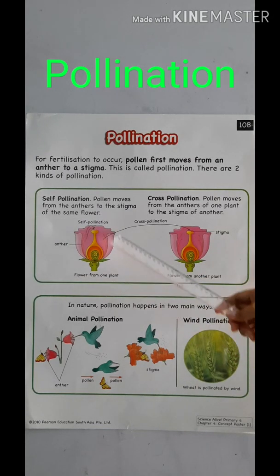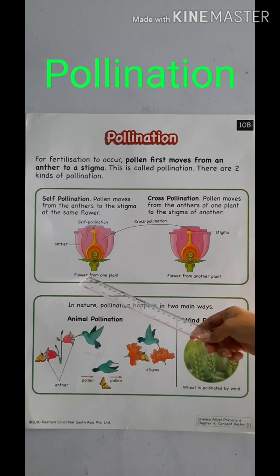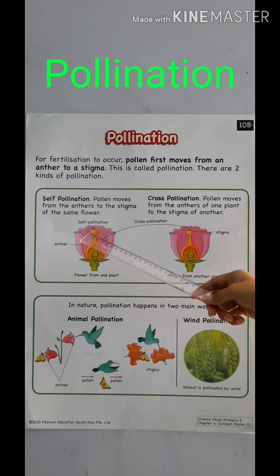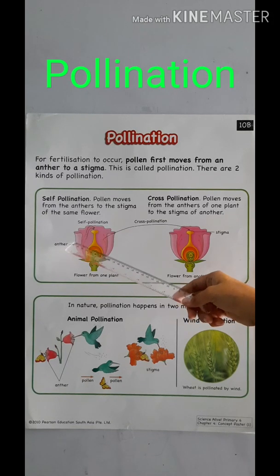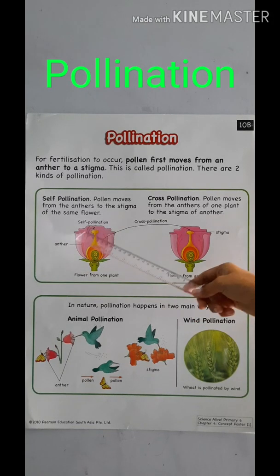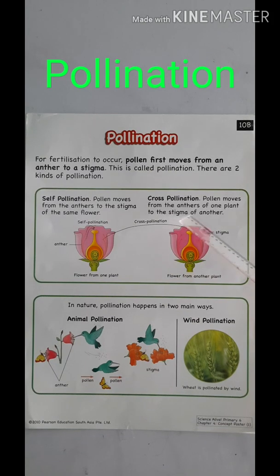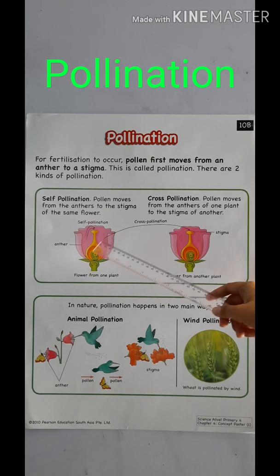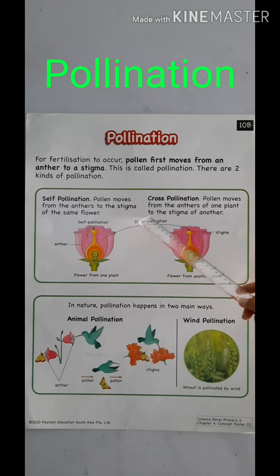One, self-pollination: pollen moves from the anther to the stigma of the same flower. Two, cross-pollination: pollen moves from the anther of one plant to the stigma of another plant.